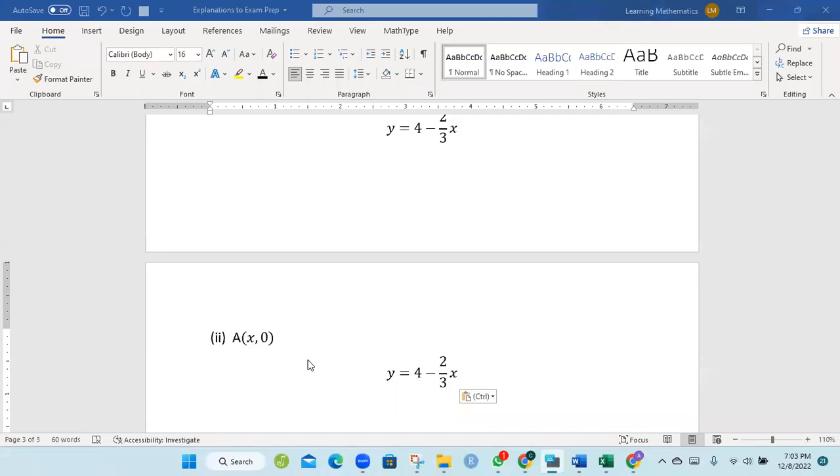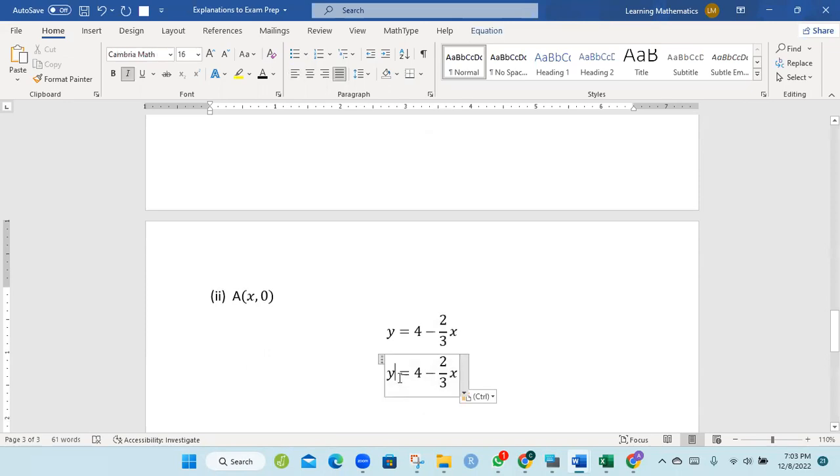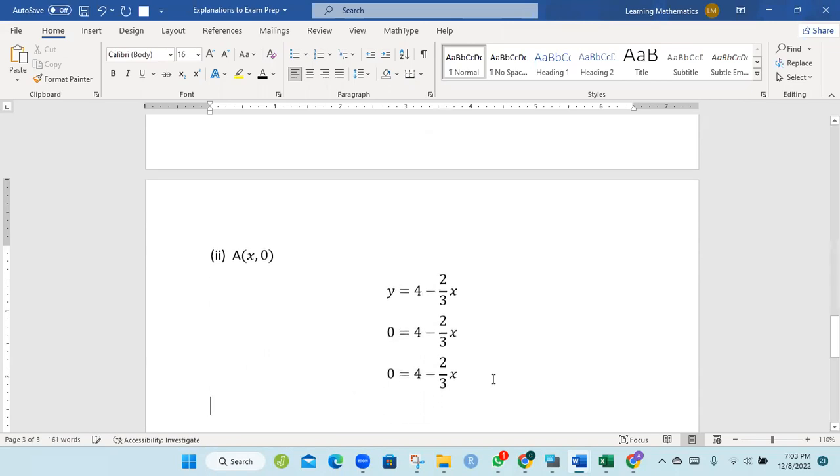We're going to substitute 0 in the place of y and solve for x. So we have 0 is equal to 4 minus 2/3 x. We're going to add 2/3 x on both sides because we're trying to solve for x.